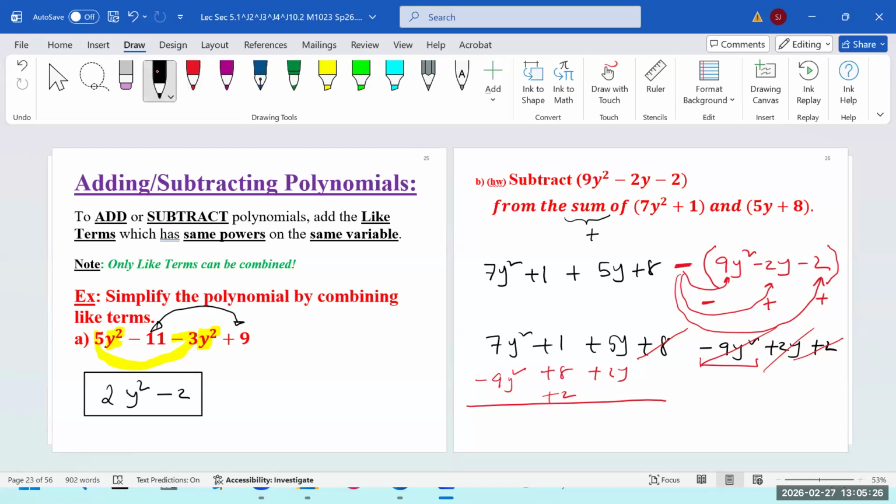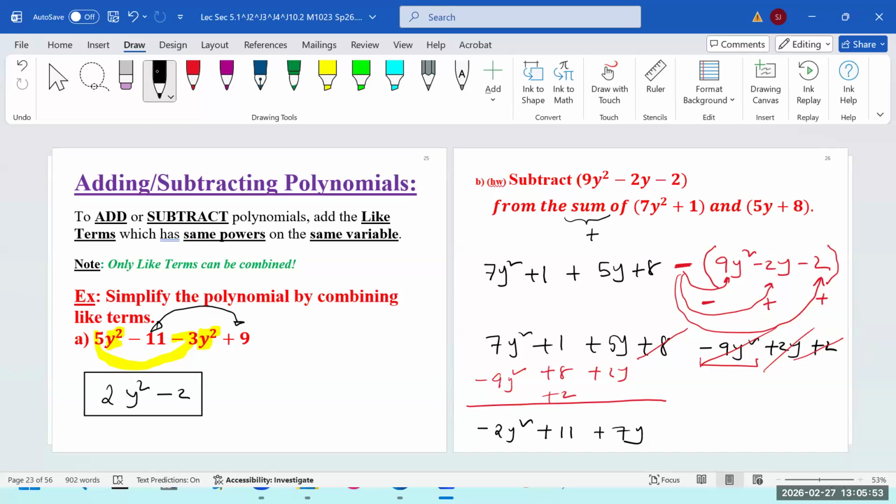So we have 7y squared minus 9y squared. How many y squared do we have? Negative 2y squared. And we have 1 plus 8 plus 2. How much total? 11. And lastly, we have 5y plus 2y, which is 7y. Now, this is not wrong. This is correct.